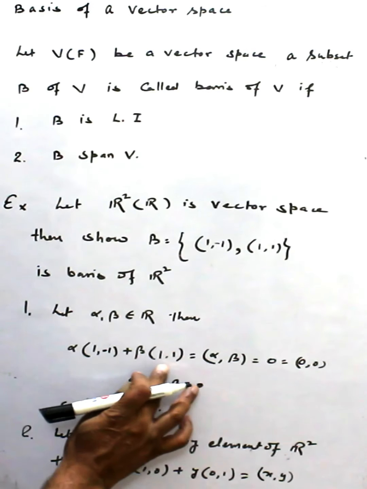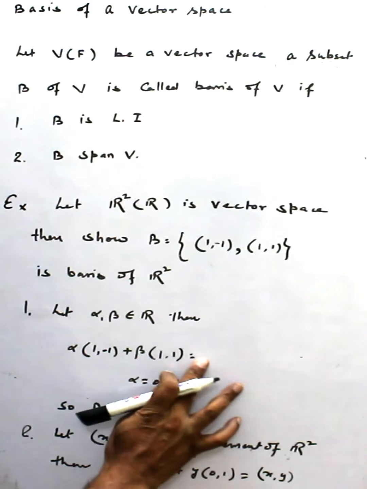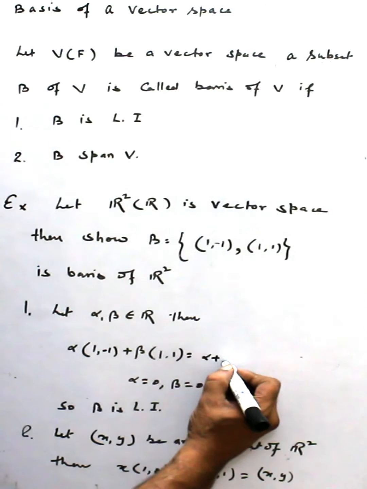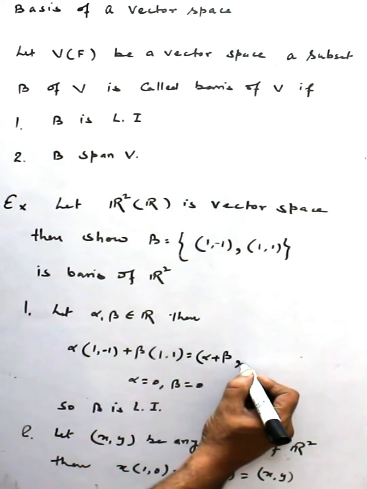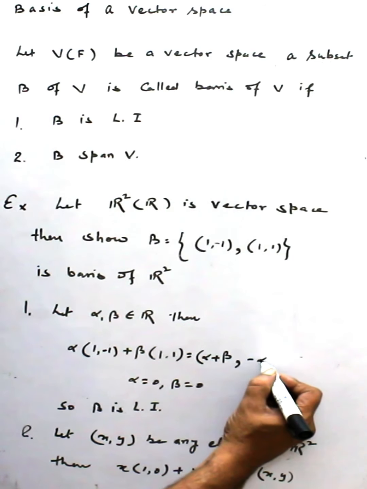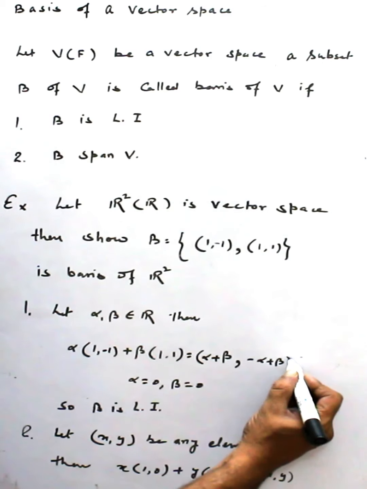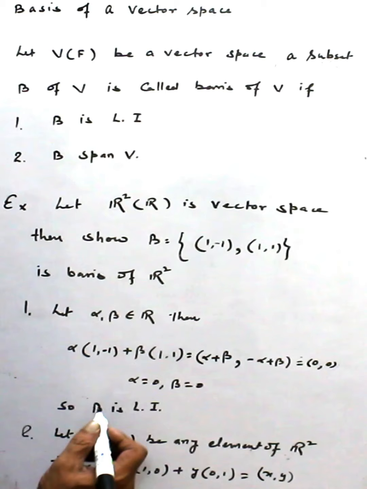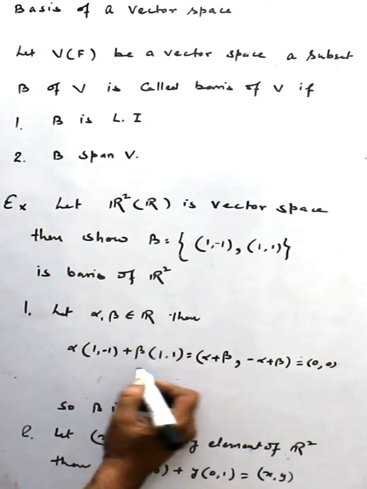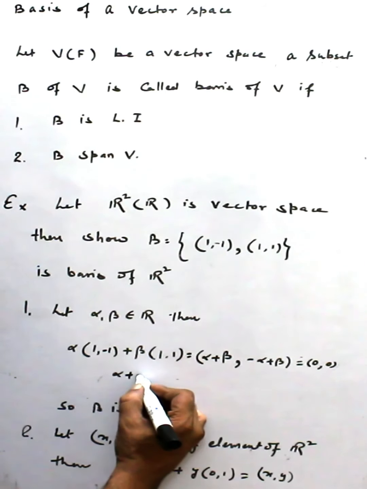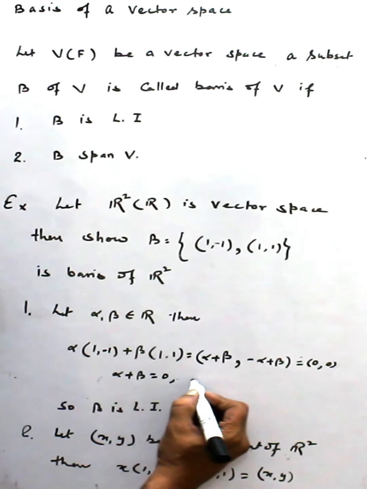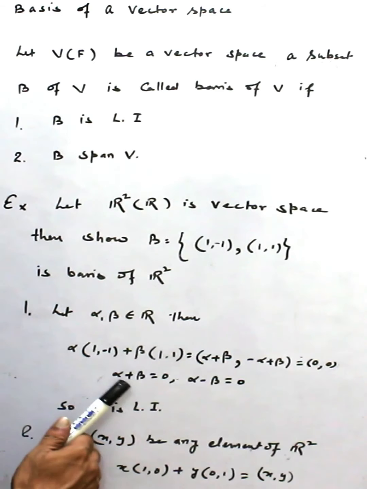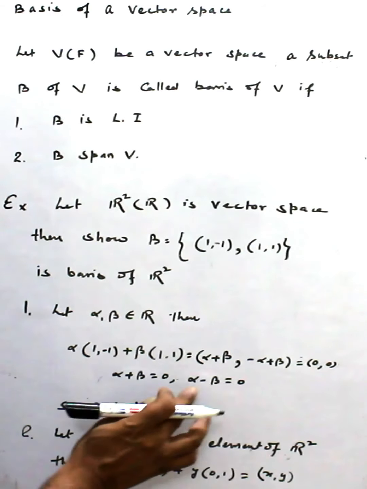That means when I calculate, this becomes (alpha plus beta, minus alpha plus beta) equal to (0, 0). That means this gives the equations alpha plus beta equal to 0 and minus alpha plus beta equal to 0.